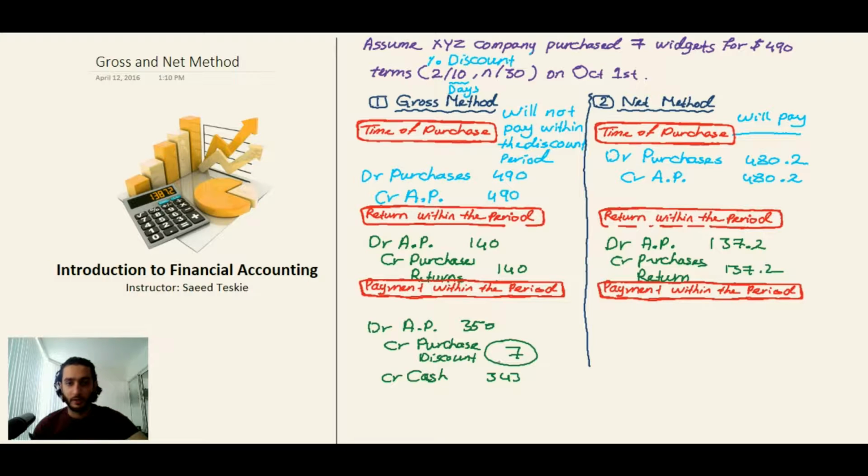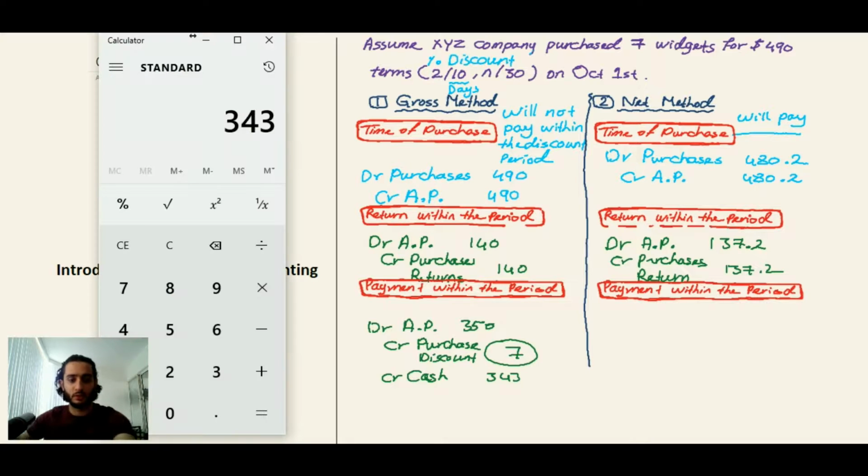So here we have 7. Another way to do it is to know how much the discount is that you get. So the 350 was the total amount. If we need to know what the discount on it is, we'll multiply it by 0.02. The number 2 is the discount, so it will be 7. Nice.